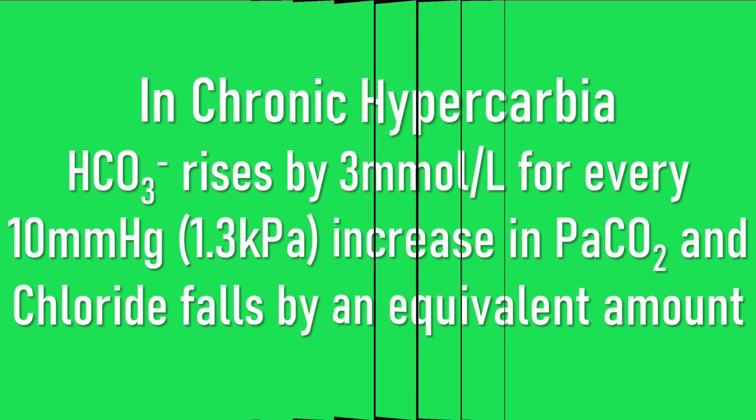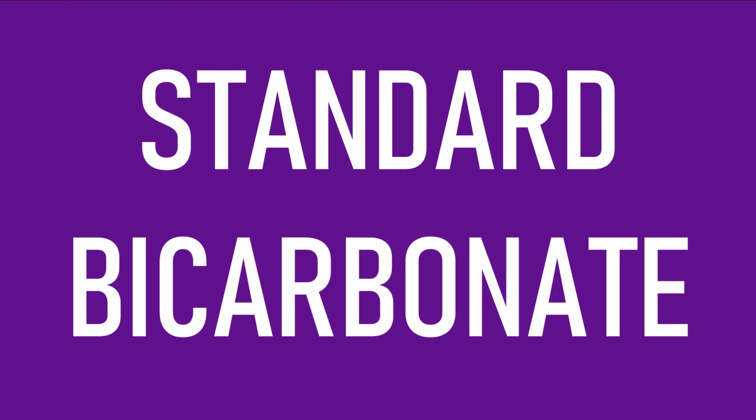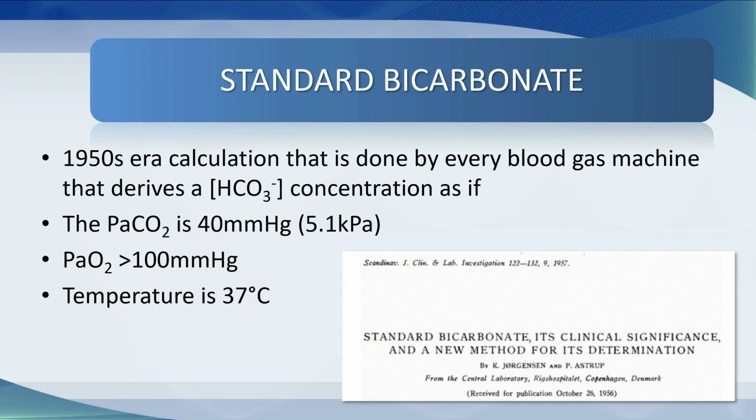Now, I'm just going to mention the standard bicarbonate because some clinicians use it for various reasons in the ICU. I'm not going to tell you how to use it, I'm just going to mention it now. This is a 1950s era calculation that is done by every blood gas machine, and it derives a standardized or normalized bicarbonate that assumes that the PCO2 is 40 millimeters of mercury, the PaO2 is over 100, and the temperature is 37 degrees Celsius.